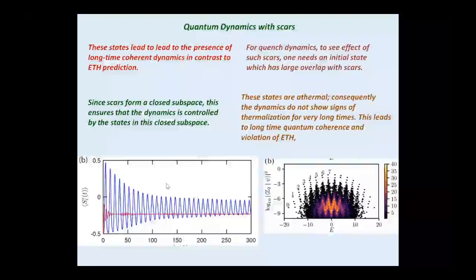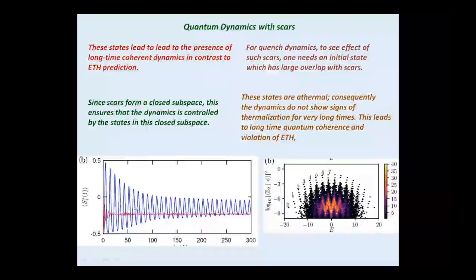So if you calculate the dynamics of any state within those, what will happen is you are just going to get the ETH prediction. So when you say dynamics, you simply, according to the equation of motion, just evolve them. That's right. Evolve them and see what happens at long times.